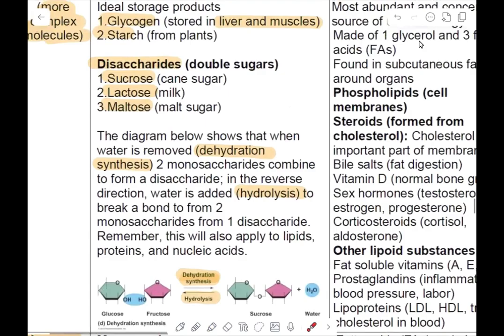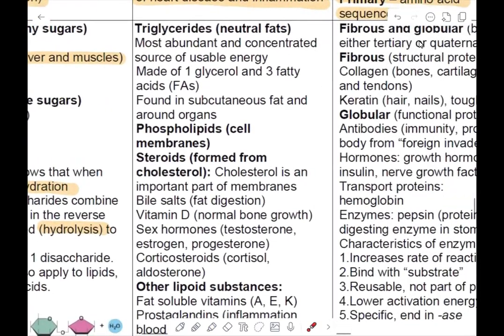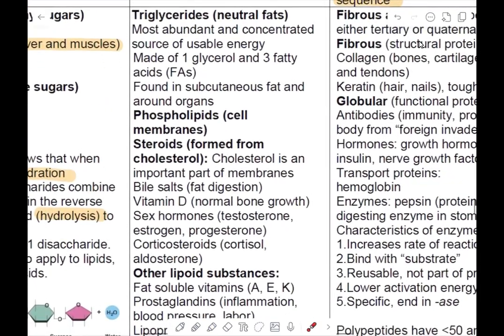The next important macromolecule is the lipids. One of the most common would be triglycerides, a neutral fat, and it has one glycerol and three fatty acids, which is why it has the prefix tri. There are also phospholipids, which we'll talk a lot about next chapter, and steroids, which are all made from cholesterol.